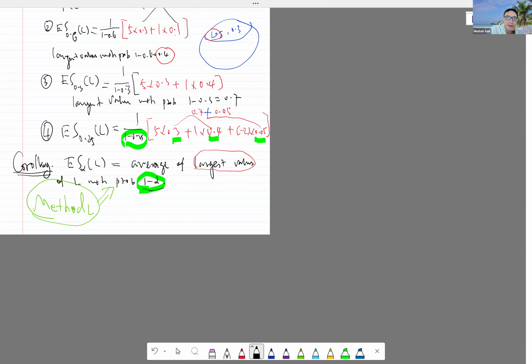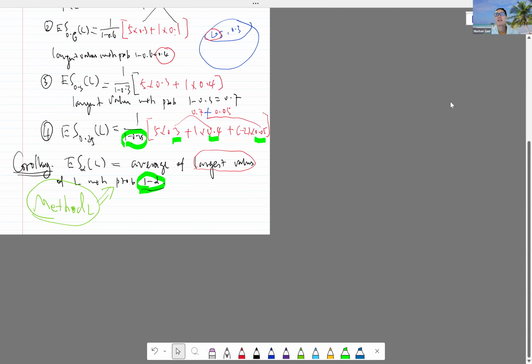Corollary for discrete random variables. You can use this to compute the expected form for discrete random variables. Actually, it's true for any random variable.